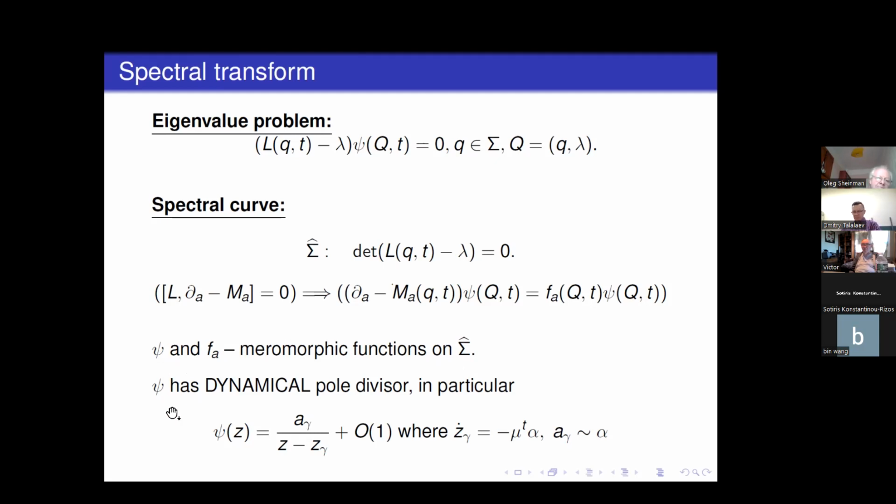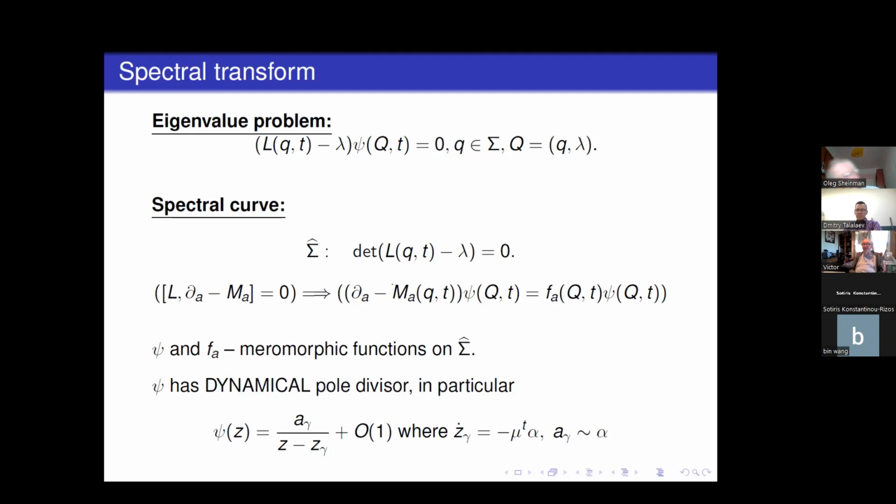It is an important property of psi that its pole divisor is dynamical. For this reason, it is normally called the dynamical divisor of the problem. Now, in particular, psi has poles at gamma points. I don't prove it now, but believe me, it's true.